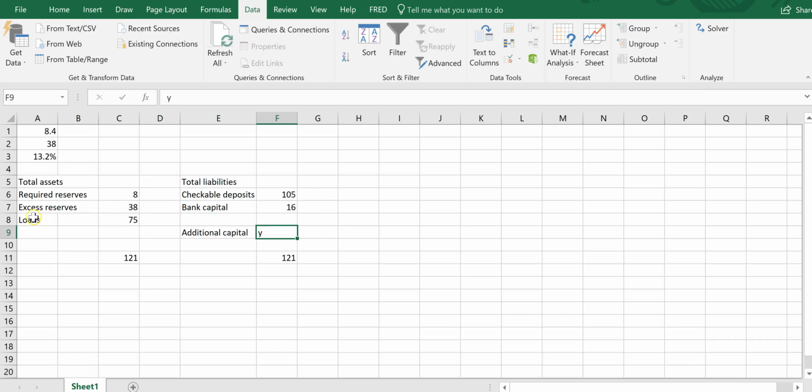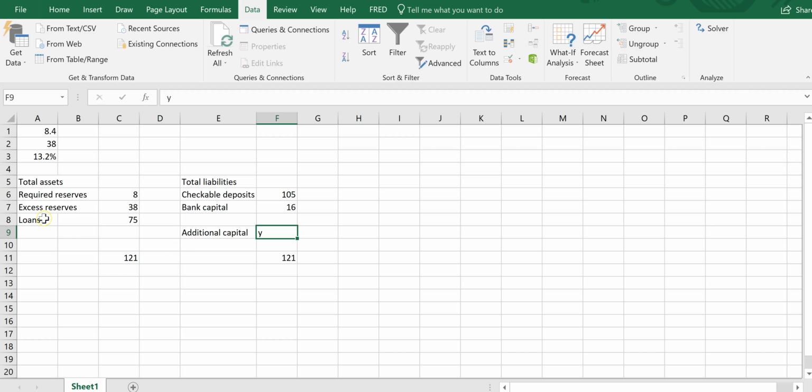And so the knowns don't change on the asset side. So in order to balance this equation, remember the right-hand side, because of this additional capital, will increase by y. So if you don't change the left-hand side, the balance sheet will not be balanced.